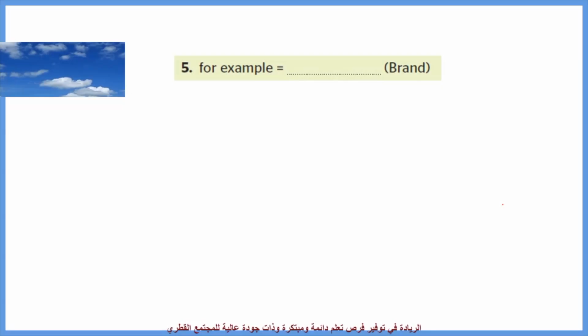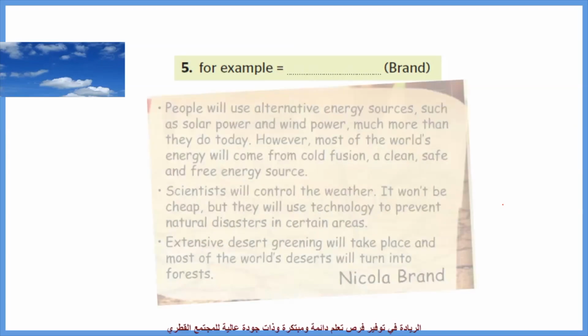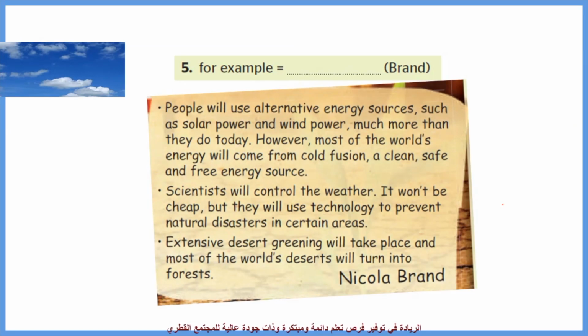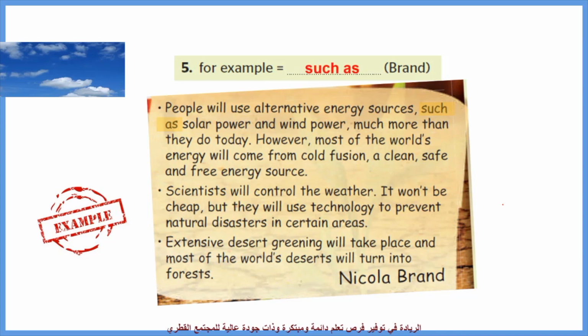Number 5, for example. Here the answer is in Nicola Brand's part of the passage. What's a synonym for example? Such as. She says people will use alternative energy sources such as, or for example, solar power and wind power. So the correct answer is such as.